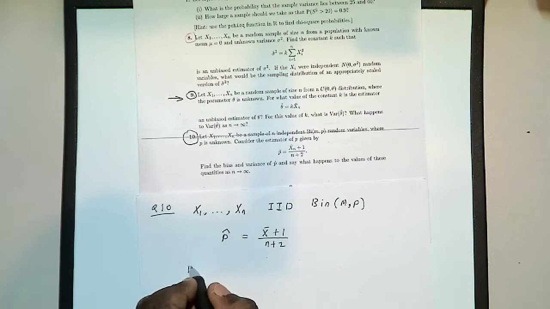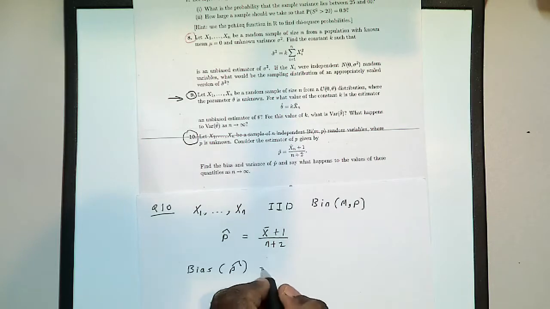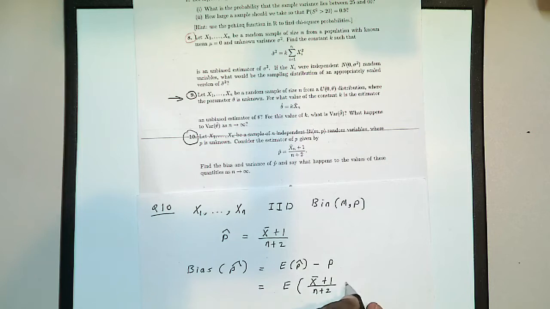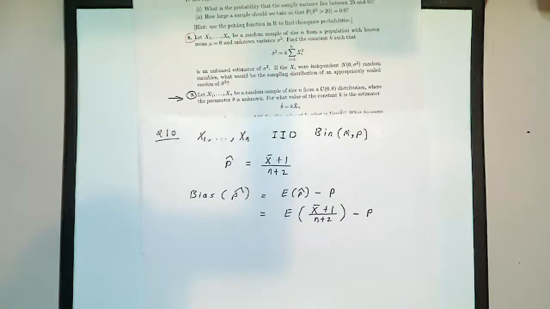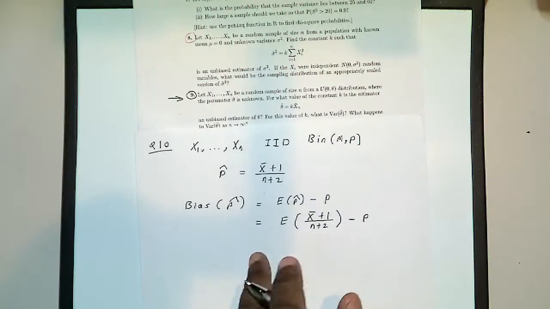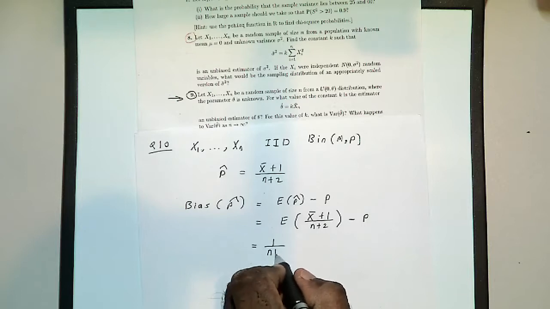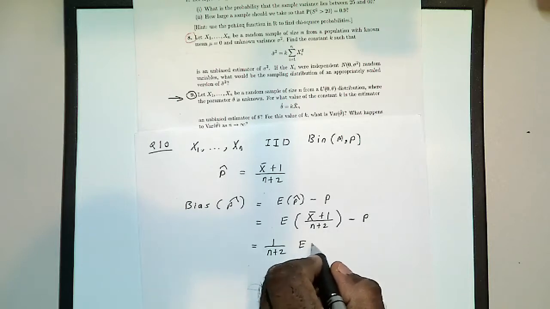So the bias is this. It's the expectation of this, yeah. Now n plus 2 is a constant, so you can put it outside. So it's 1 over n plus 2 times the expectation of X bar.